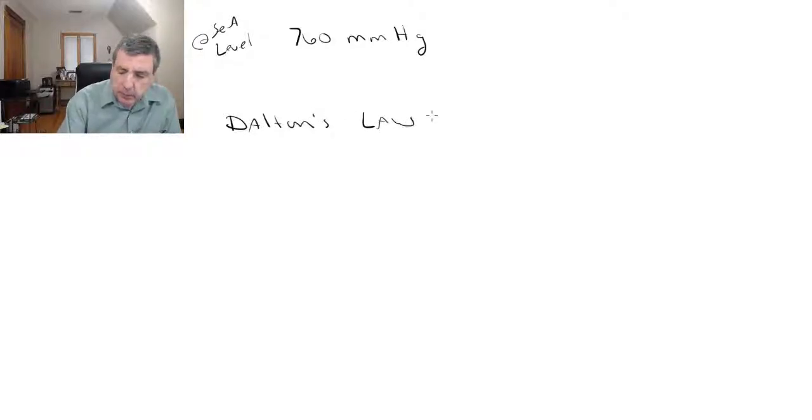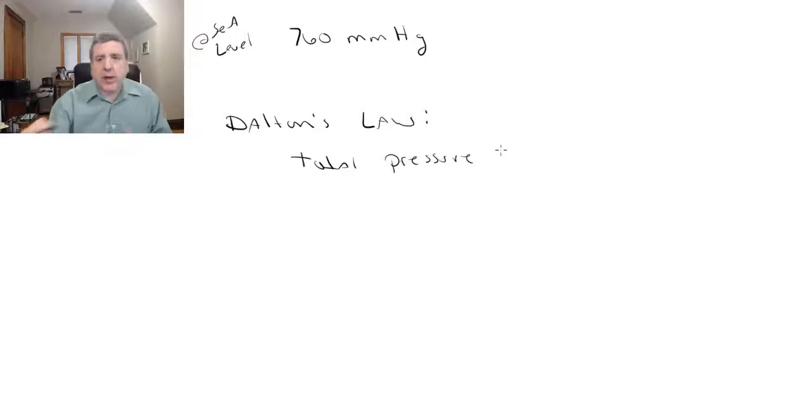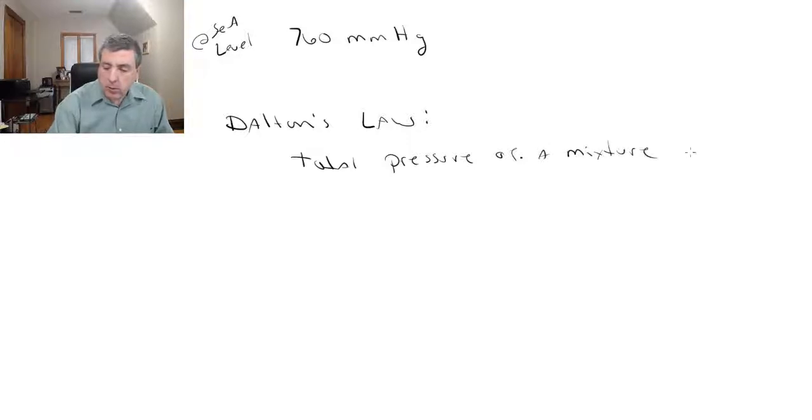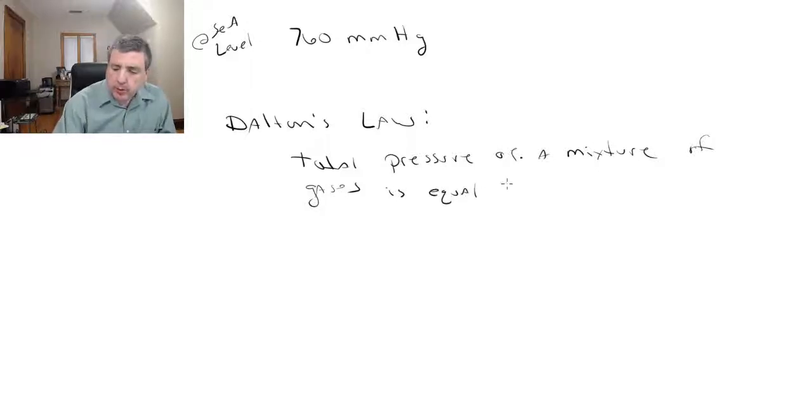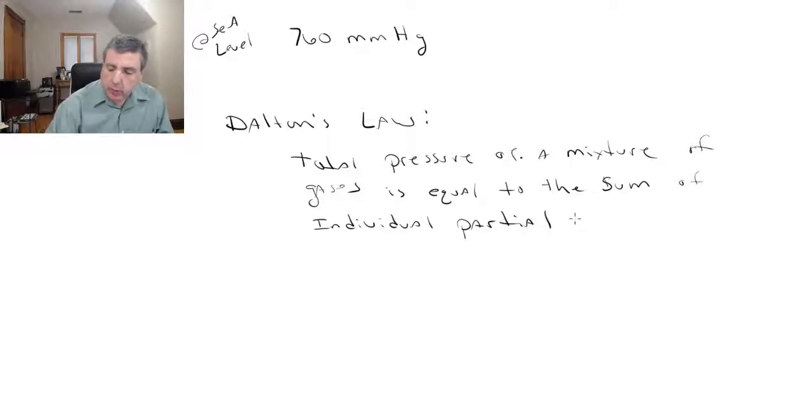What Dalton's law basically says is that the total pressure of a mixture of gases is equal to the sum of the individual partial pressures.